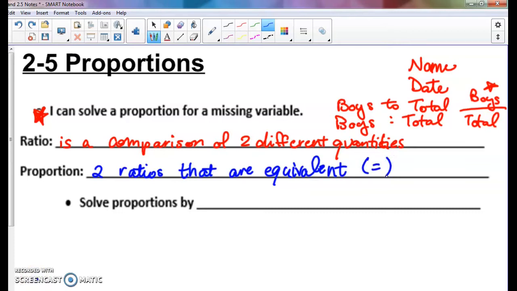So it's going to be 2 ratios that are equal to each other. If you think about it, it's going to be a fraction that's equal to another fraction. So we solve proportions by cross-multiplying. And that's all the notes we need for today. We'll see some of our cross-multiplication in action.